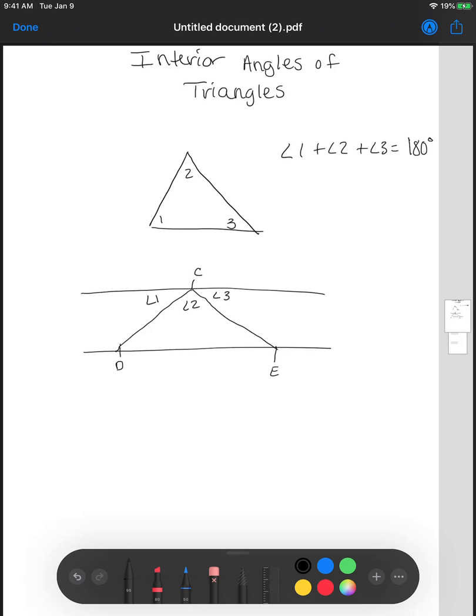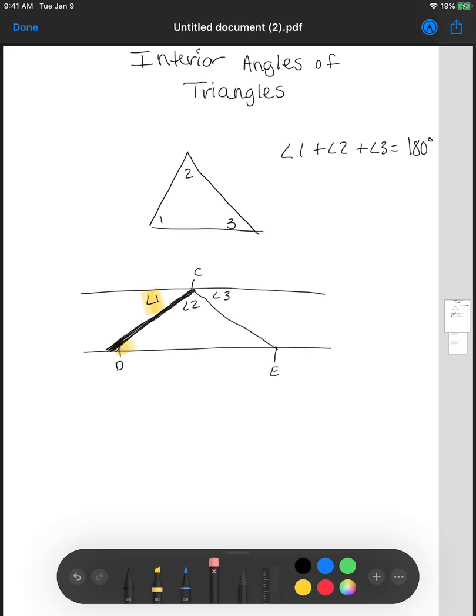So let us think, right? Let's talk about angle 1. So we're going to talk about this one right here. Angle 1 and angle D are called alternate interior. They're on the inside, and they're alternate of the transversal. I know it's very sloppy, but imagine it going on this way and on this way, right? That's what we've been learning.